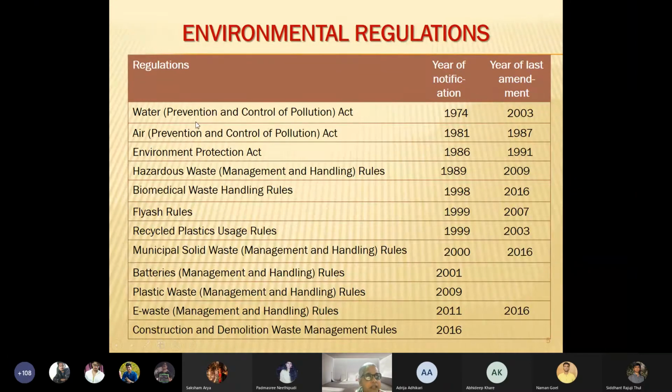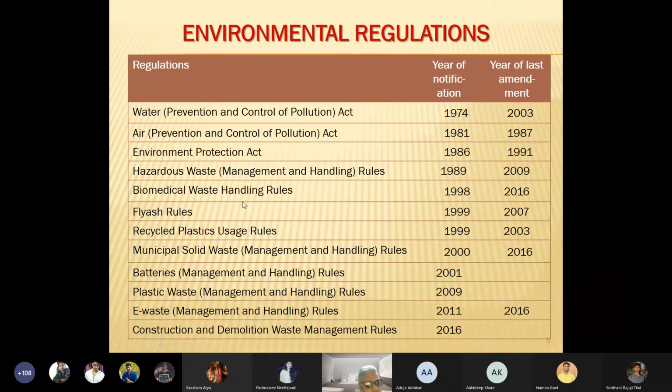So after taking a holistic view of the entire environment, there was a realization that specific types of waste need to be handled in a specific way. The most important one was hazardous waste, and rules were put into place in 1989.